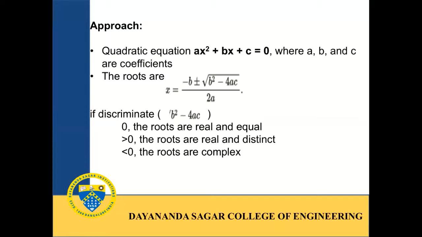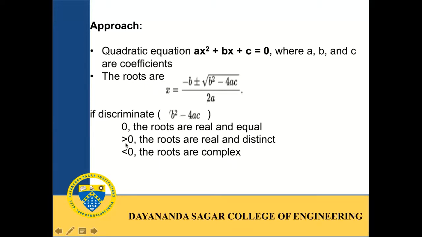Then we have a term, that is b square minus 4ac, the term which is under the square root. It is called the discriminant. So depending upon the value of the discriminant, we are telling what type of roots we are going to get. If the discriminant, that is b square minus 4ac, is 0, then the roots that we get will be real and equal.